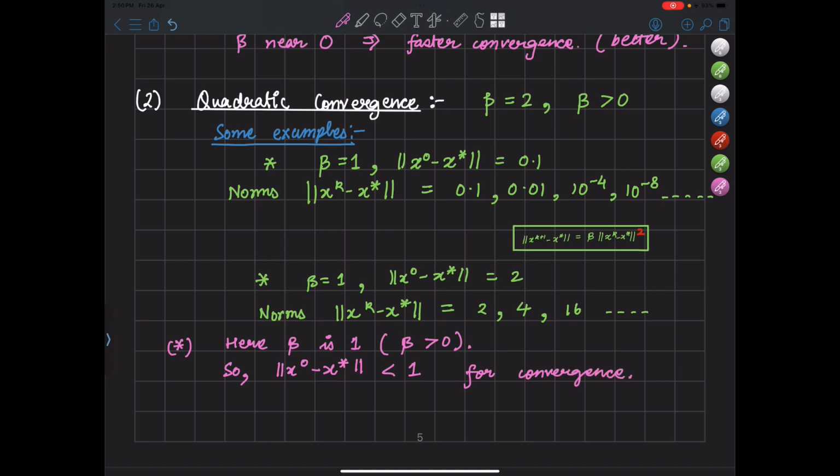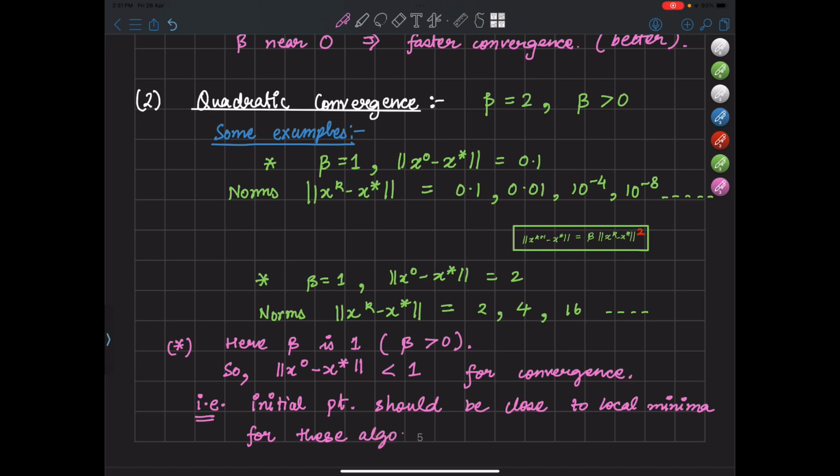Which in turn means that for quadratic convergence, the initial point should be close to the local minimum for these algorithms to converge.